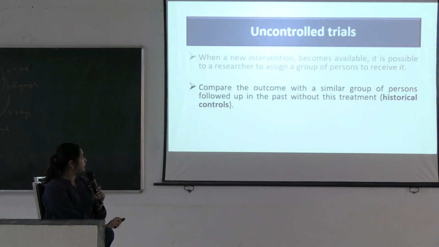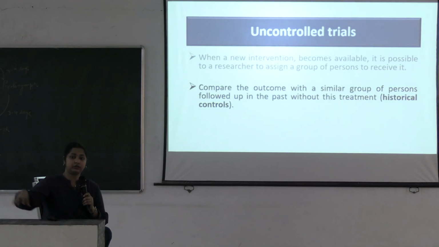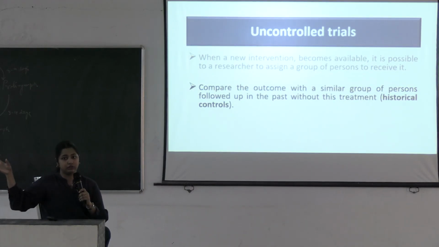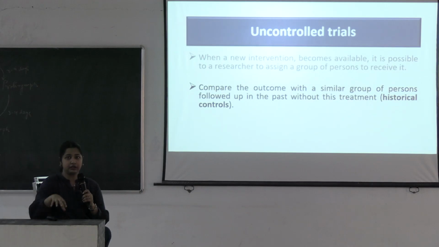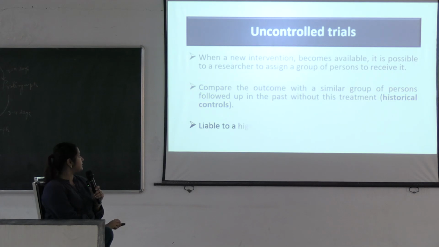Compare the outcome with a similar group of persons followed up in the past without the treatment. Means historical controls. Maybe you take a group of patients in the records who didn't receive the treatment versus the people you are taking now and giving the treatment. So you can use those historical controls, but at present you are not taking any concurrent controls. It is liable to a high risk of bias.